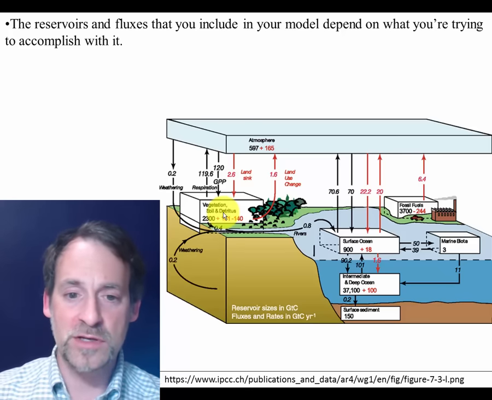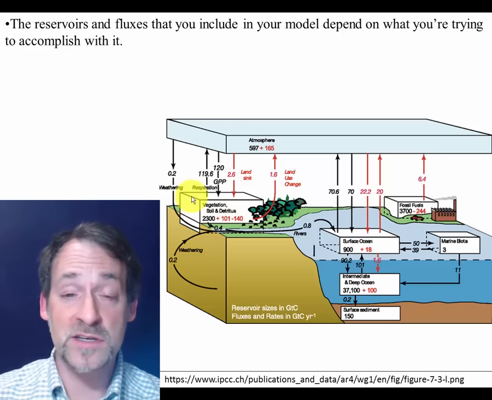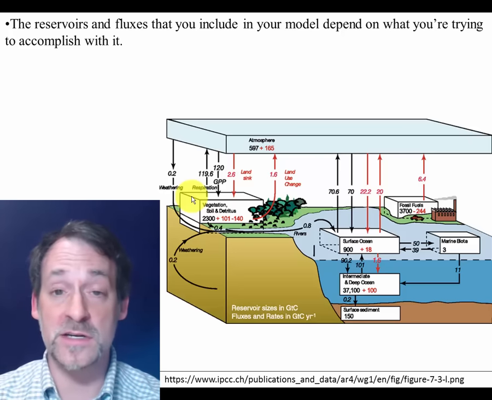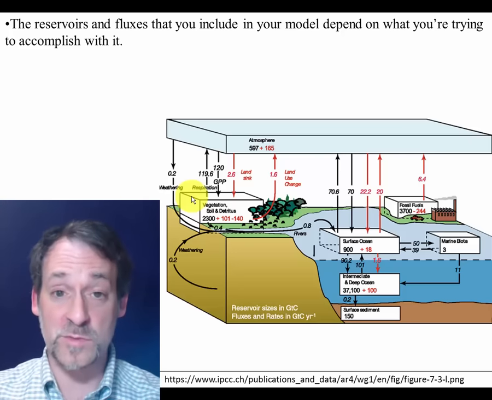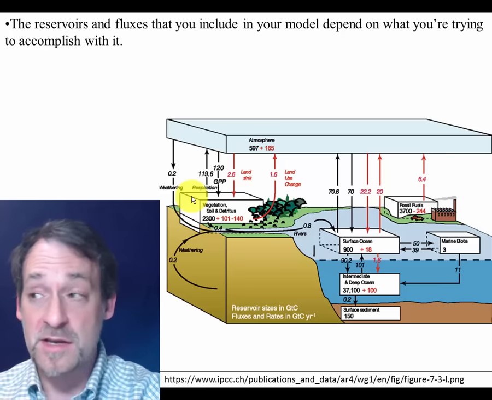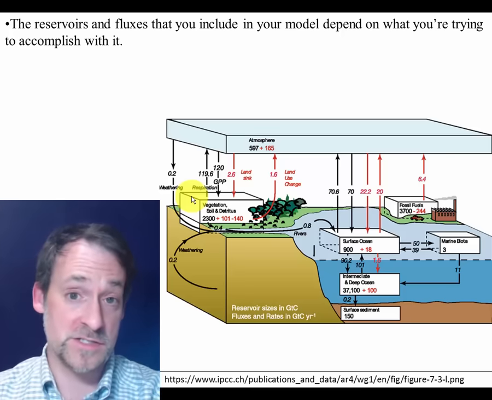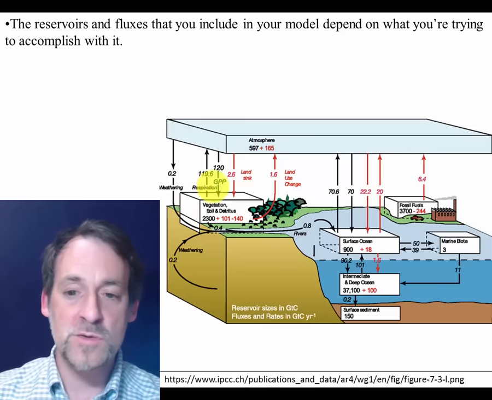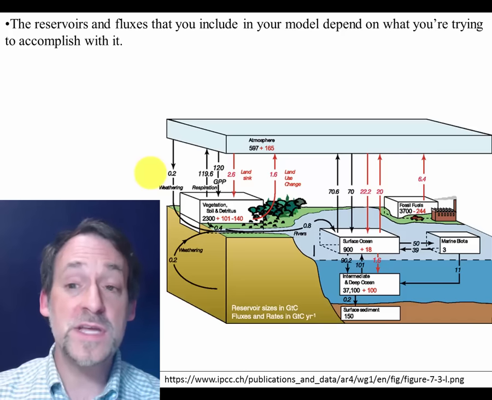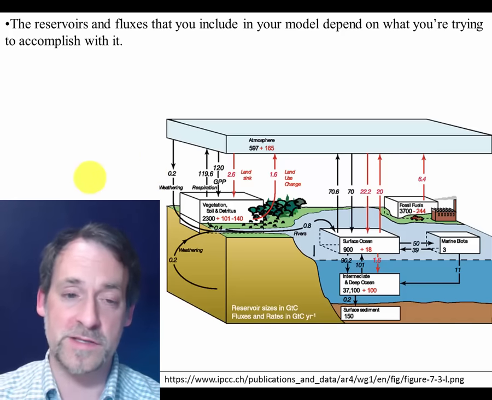So for example, instead of just having vegetation, soil, and detritus all in one box, you might split them up into different boxes, with lots of flow among them. You might even split the vegetation up into different kinds of vegetation. So these models can be made more complex or simpler depending on what you're trying to do with them.